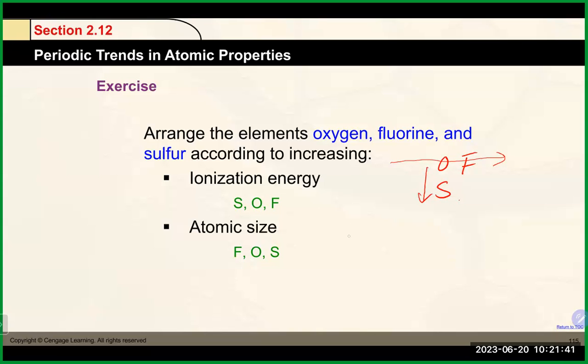So S, O, F. And in terms of atomic size, it gets smaller as we go this way and gets larger as we go this way. So again, fluorine should be the smallest, followed by oxygen, and then getting larger going down the group to sulfur in that case. Any questions on that?